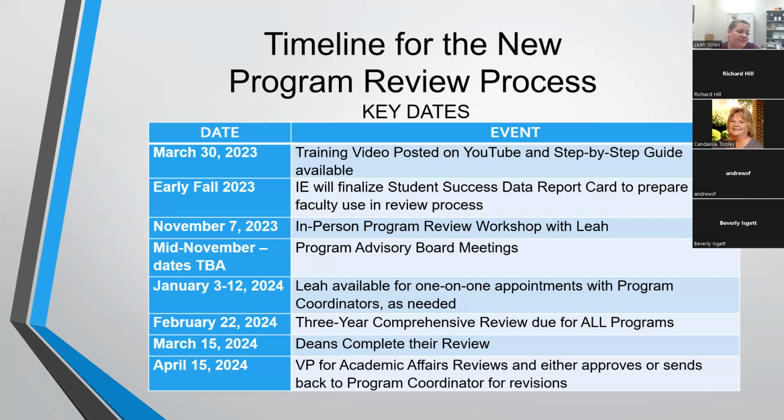And then by April 15th, 2024, Williette will have had an opportunity to review all of the program reviews. And then at that point, she will either approve your review or she will send it back to you with notes for changes or updates that may need to be made.